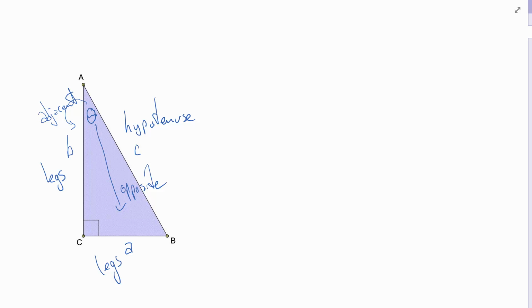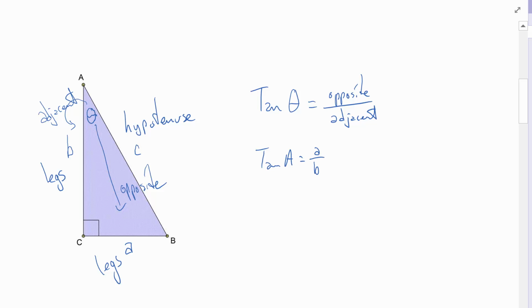What's important is that the tangent ratio with respect to one of the acute angles of a right triangle is always the opposite leg divided by the adjacent leg. In other words, tan theta is equal to opposite over adjacent. This ratio is usually expressed as a fraction or as a decimal number given to 3 or 4 places. In this case, tangent of angle A is little a over little b.